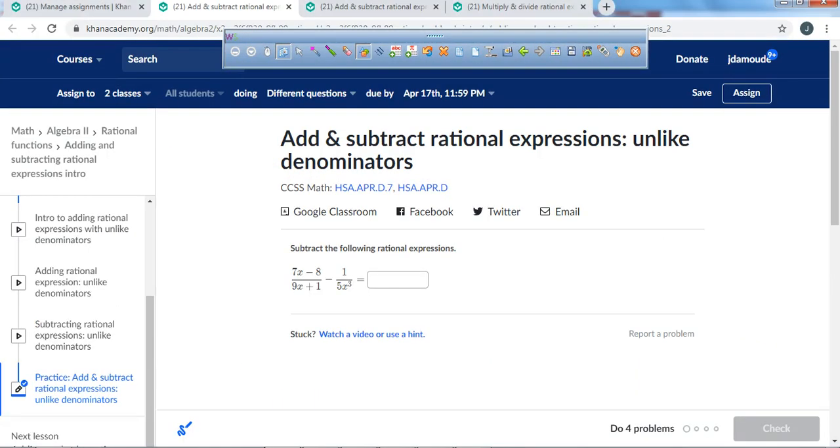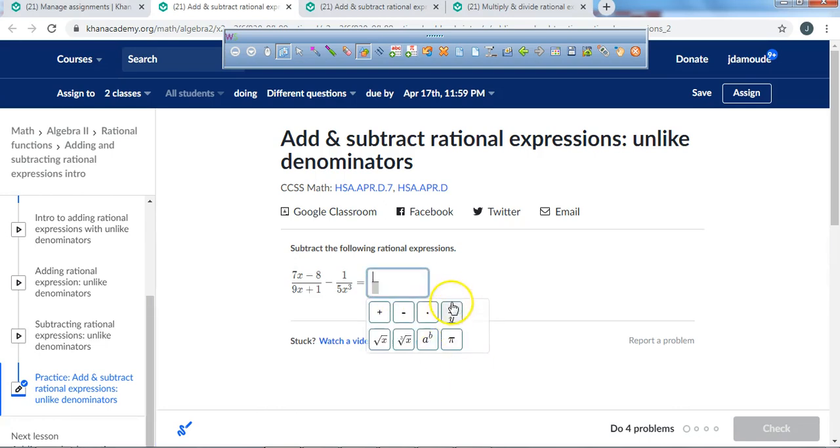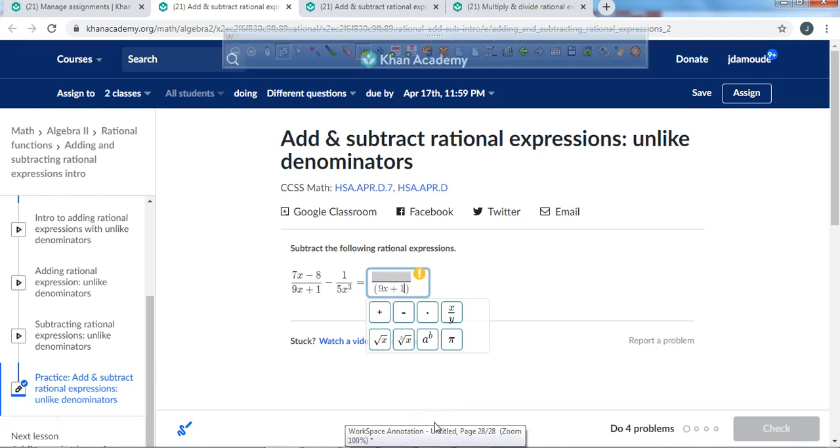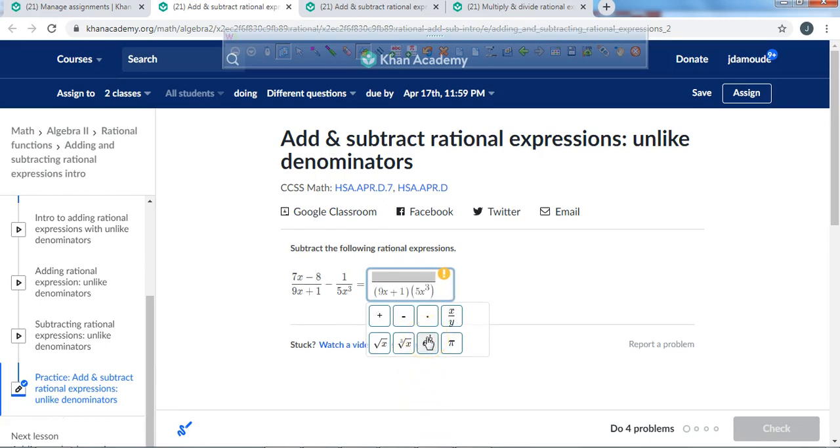Here we go. Let's start with the denominator, alright? Let's go and put 9x plus 1 over here. We'll put 5x to the power of 3.